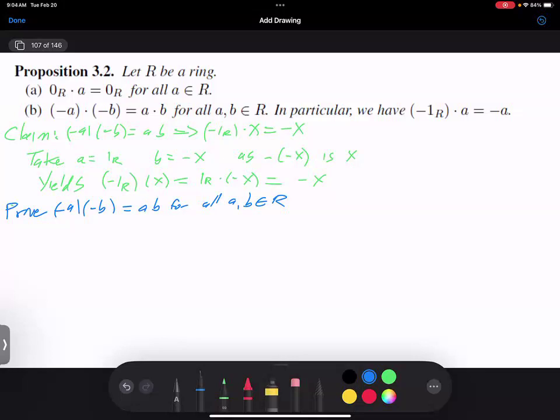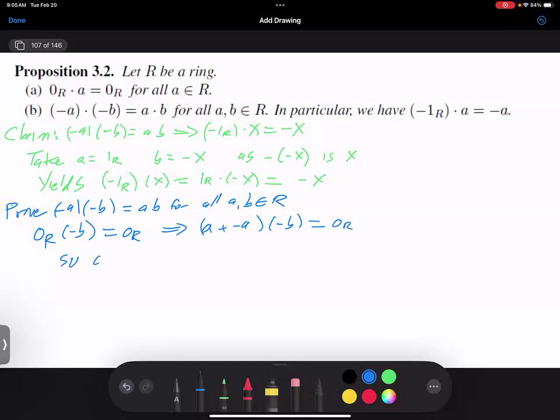So what I could do is start off with 0 times negative B, which is just 0. And how could I write 0? I could write it as B plus negative B, but I've already got a B. I could try it as A plus negative A. So I could write A plus negative A, times negative B, equals 0.